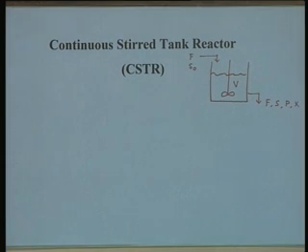The next simple form of reactor system which is commonly employed is a continuous stirred tank reactor. In the continuous stirred tank reactor, one has a continuous flow, that means the feed rate of the substrate is the same as the output rate of the product stream.